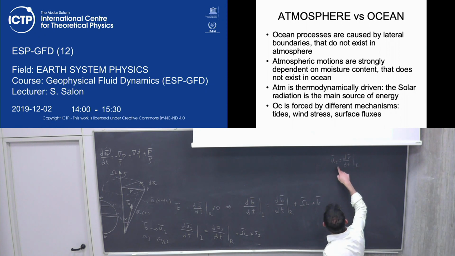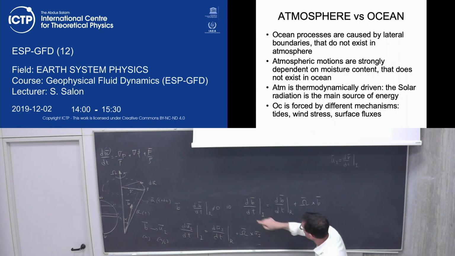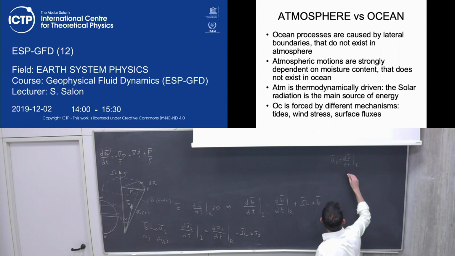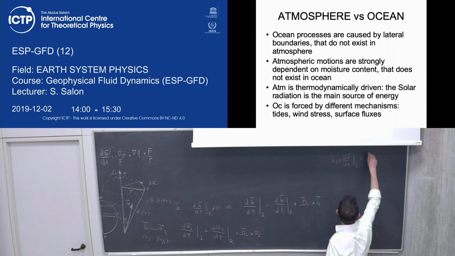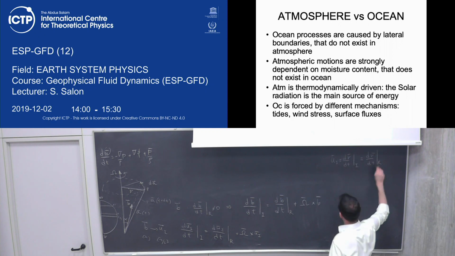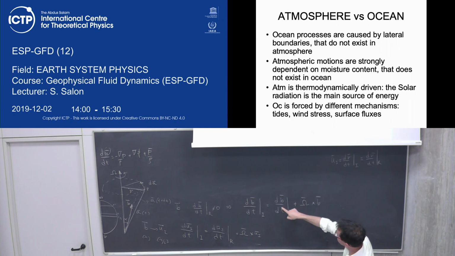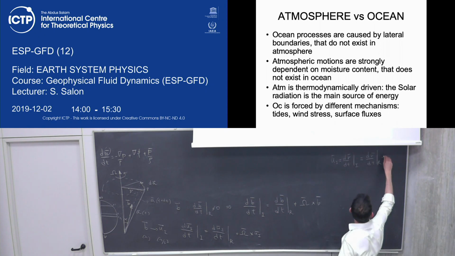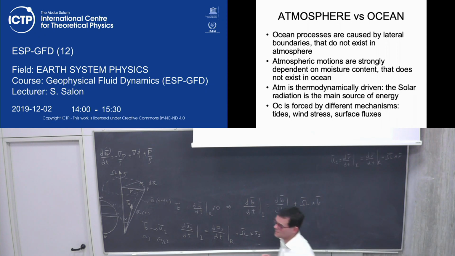So if I again use this formula, I will have dr dt in the inertial frame will be dr dt in r plus the vectorial product omega by r.